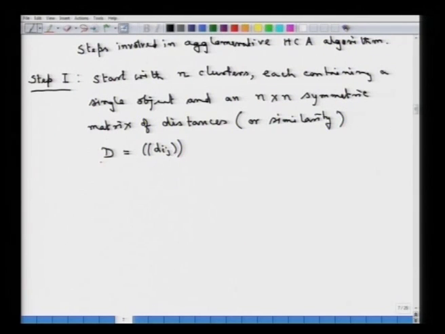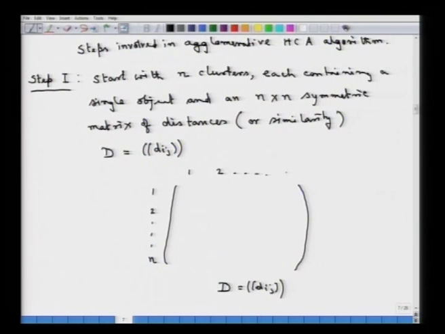Now, what is this D matrix here? D matrix gives the mutual distance between the objects that are present. So, there are n objects. Suppose these objects are 1, 2, 3 up to n. So, we form this distance matrix D, which is holding these d_ij entries.